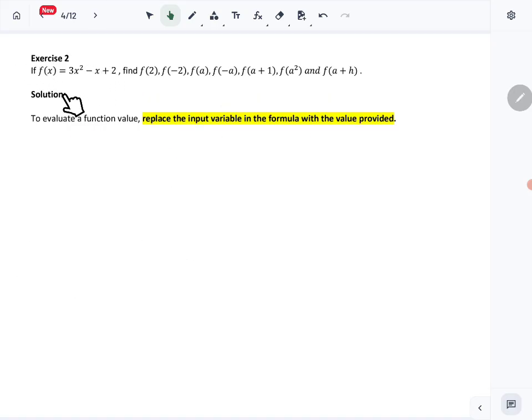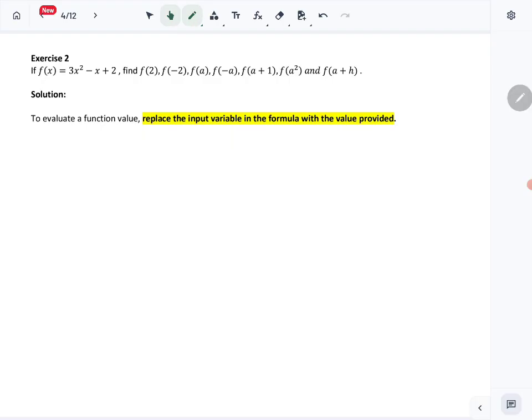So you will be given a function like this, an expression. Then we are supposed to find these function values. Function value at 2, function value at -2, function value at a, function value at -a, function value at a plus 1, a squared, and a plus h. Right.